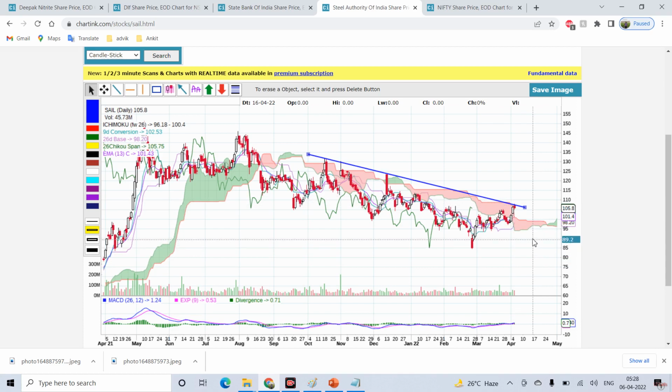So we can expect somewhere around 90 rupees or a lower level if it starts coming down from this point. Ideal would be to wait at this point and let the trend form in one particular direction, then keep the stop loss, whether above or below the trend line, a couple of percent, and then get into the trade from there.